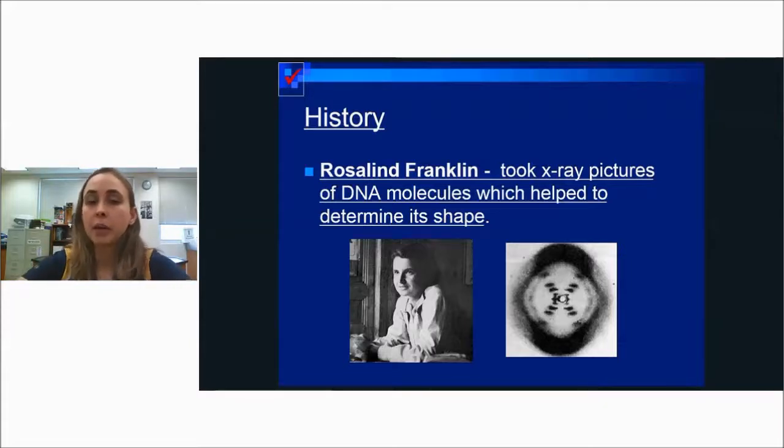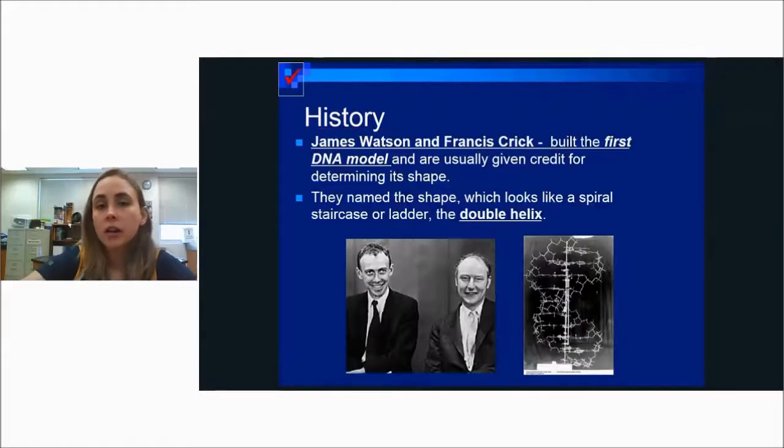And the photo that is pictured is photo 51, which is her most famous photo. This is the photo that showed that DNA was in the shape of a helix, that it was helical and two-stranded.